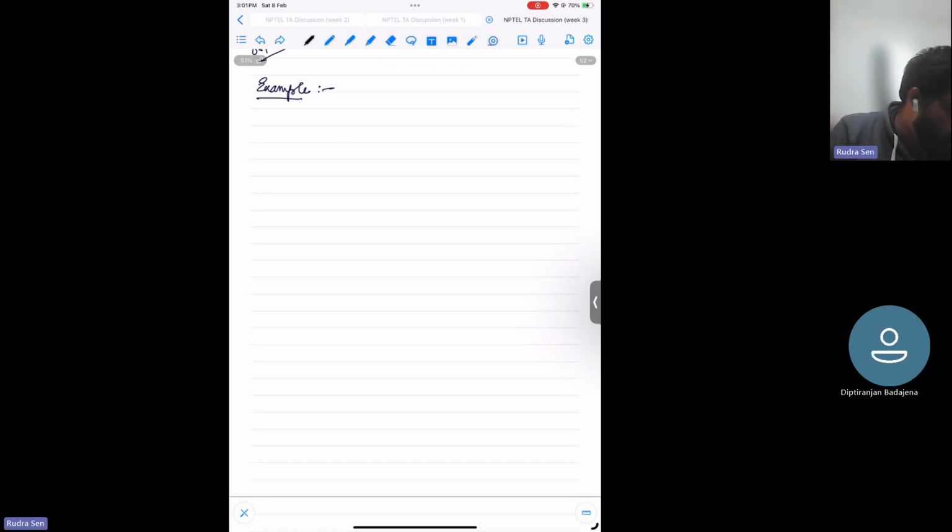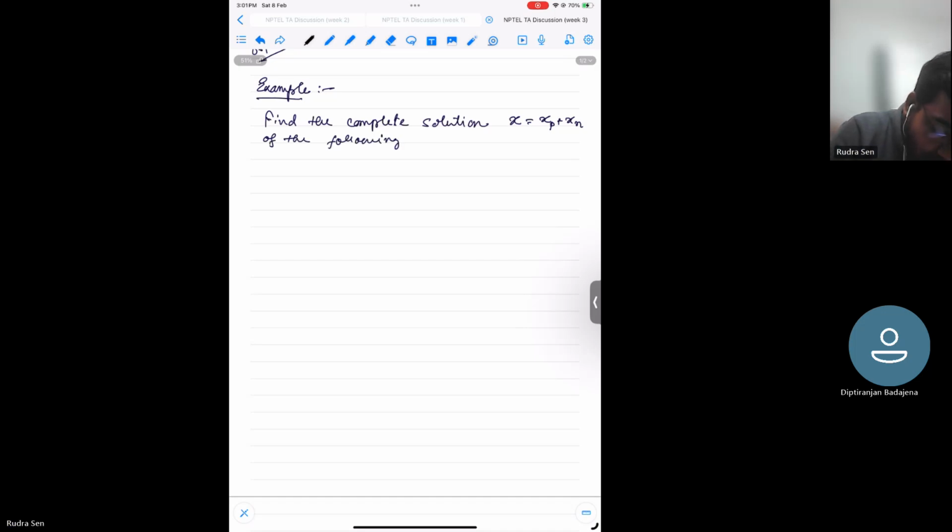The first example is we need to find the complete solution x. What is a complete solution? It is a particular solution plus the null space solution that we have discussed before, of the following system.